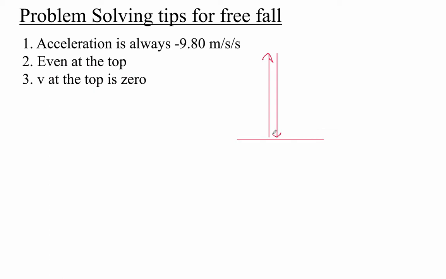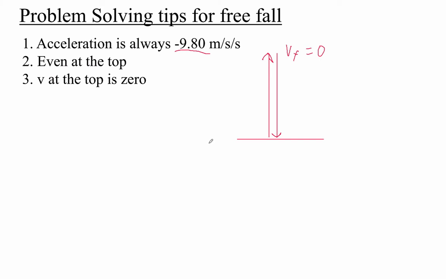At the top, that final velocity is 0. And the reason for that is if it's not 0, it's not at the top, is it? It's on its way up or it's on its way down. At that moment, it's got 0 velocity, but it still has this downward acceleration. And I'll show you how to visualize that. So velocity at the top is 0.